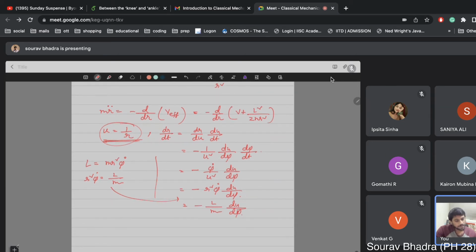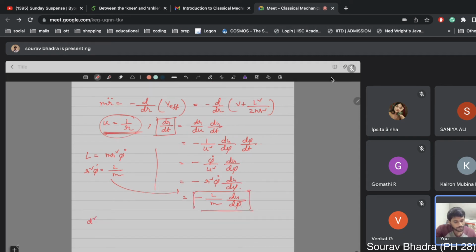This is my dr/dt. Now similarly just do the d2r/dt square. It is just chain rule, apply that and you will be able to do it. So L square u square by m square d2u/d phi square. So your d2r/dt square is this and your dr/dt is that one.